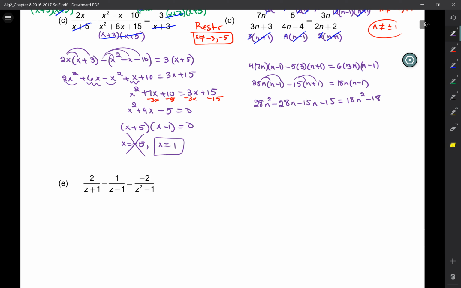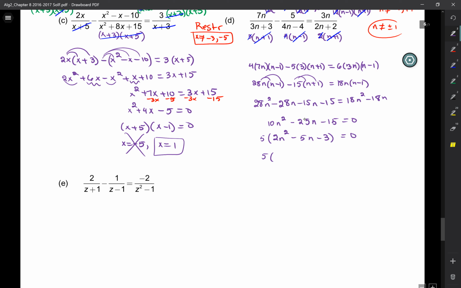Okay, so actually at this point I'm going to leave you to finish it. So I'll stop this for a second. 10n², is that right? Yeah. And then how many n? -25n, minus 15. Okay, so what can we factor out of all of this? A 5. And we get 2n² minus 5n minus 3.